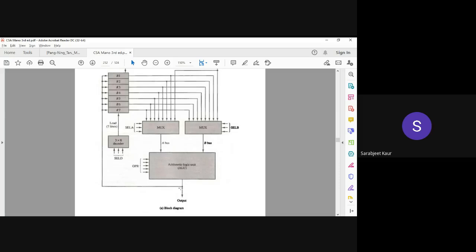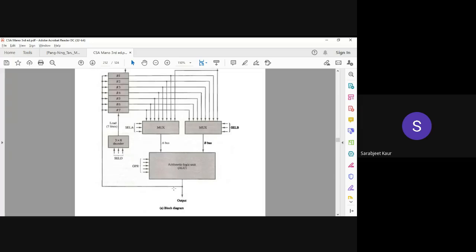Okay. And the output of the operation can then be passed on to the user on, let's say, the monitor or printer, that means some output device.